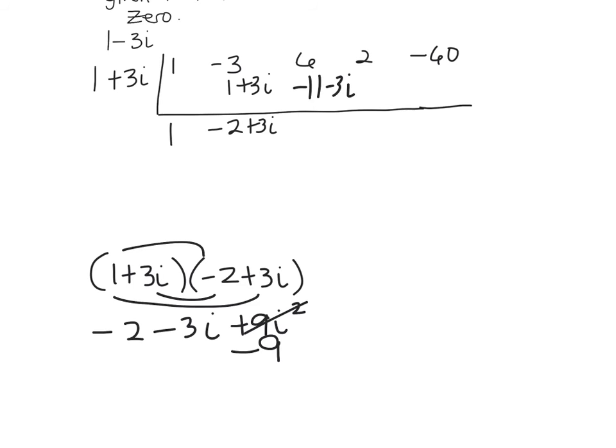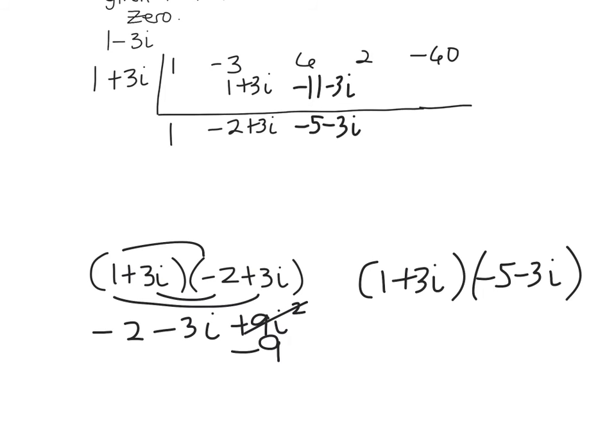I didn't give myself enough room. Okay, add those together. So you add 6 and negative 11, you get negative 5 minus 3i. We've got to FOIL again. I know, it's terrible. 1 plus 3i times negative 5 minus 3i. So multiply it. We get negative 5. Outside I get negative 3i. Inside I get negative 15i.